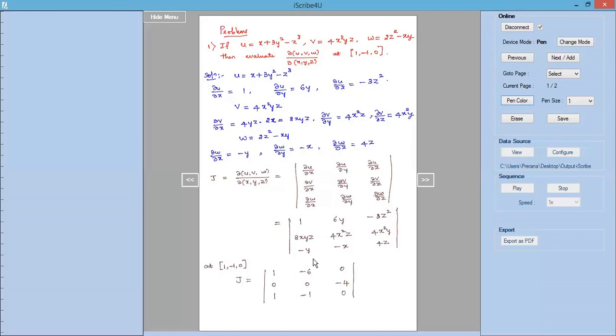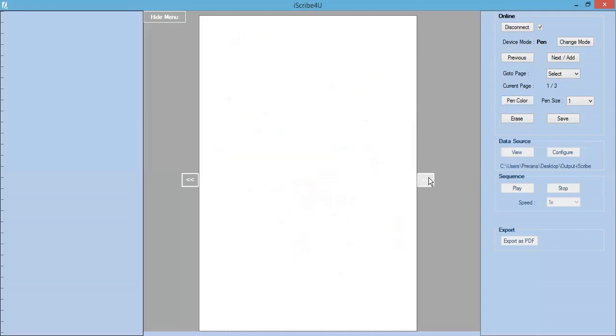Now we need to expand this 3 cross 3 determinant. So on expansion of the determinant, we will be obtaining J is equal to 1 into (0 − 4) plus 6 into (0 + 4), and the last term is 0 multiplied by anything will give us 0 itself.